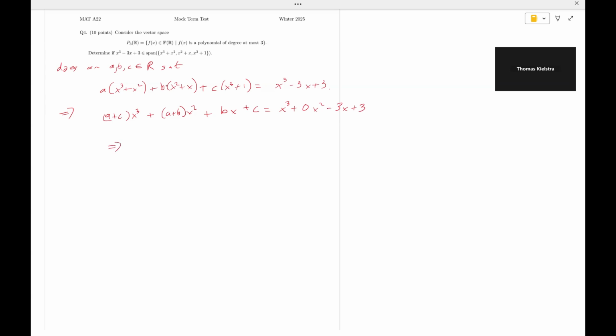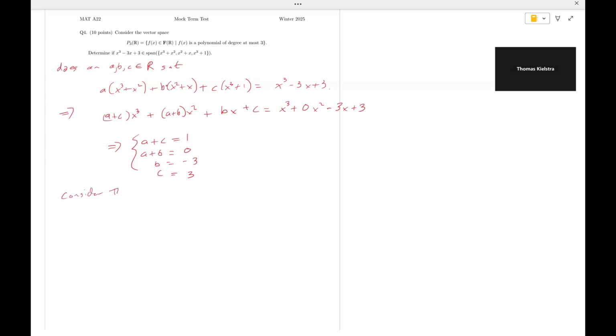Well, this implies that A plus C equals 1, A plus B equals 0, B equals minus 3, and C equals 3. And from here, we can build an augmented matrix.